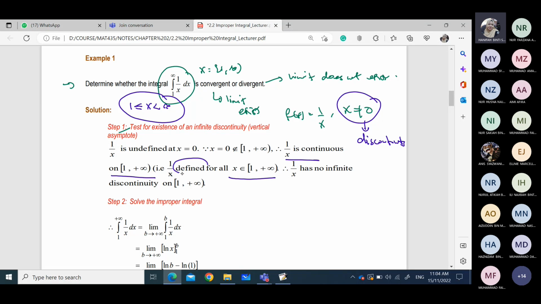So define ni maknanya dia memberi kita nilai lah. So undefined adalah benda yang kita tak ada jawapan dia. Okay, so it is defined for all values of x where x is 1 to infinity. So here we can say that 1/x has no infinite discontinuity on the interval 1 to infinity.